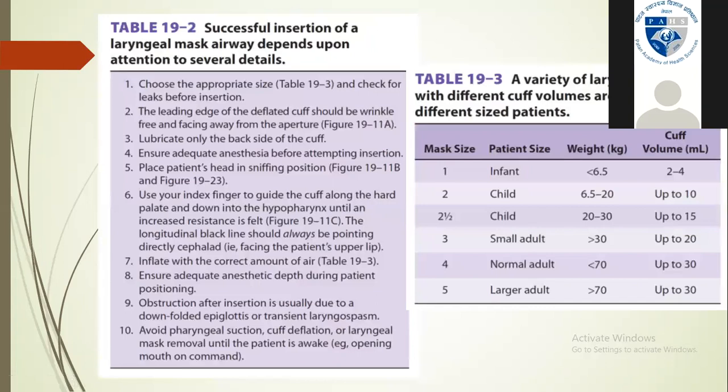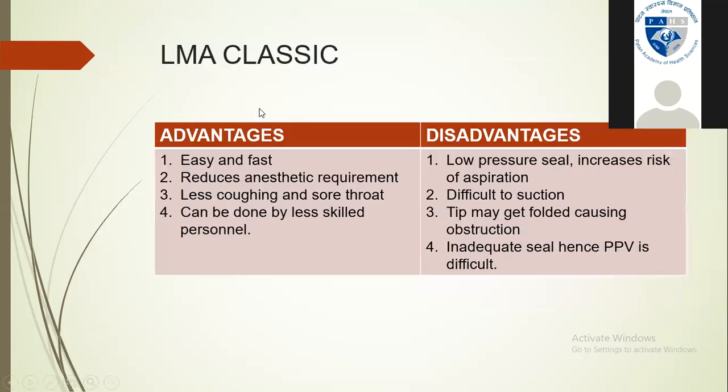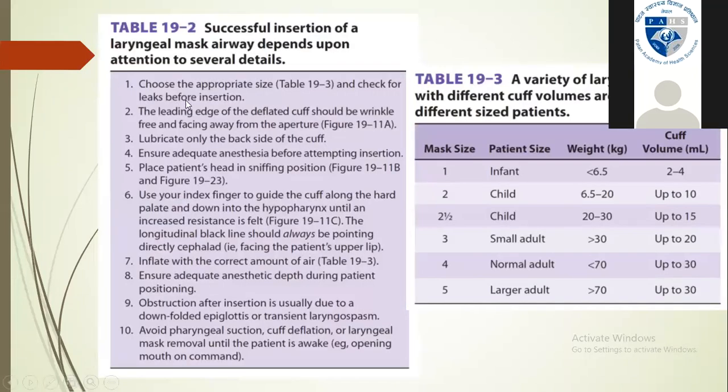And successful insertion, as with all airway devices, needs a choice of appropriate size. The leading edge of the deflated cuff should be wrinkled free and facing away from the aperture. Only the back side is lubricated, and the ventilating side is left free.